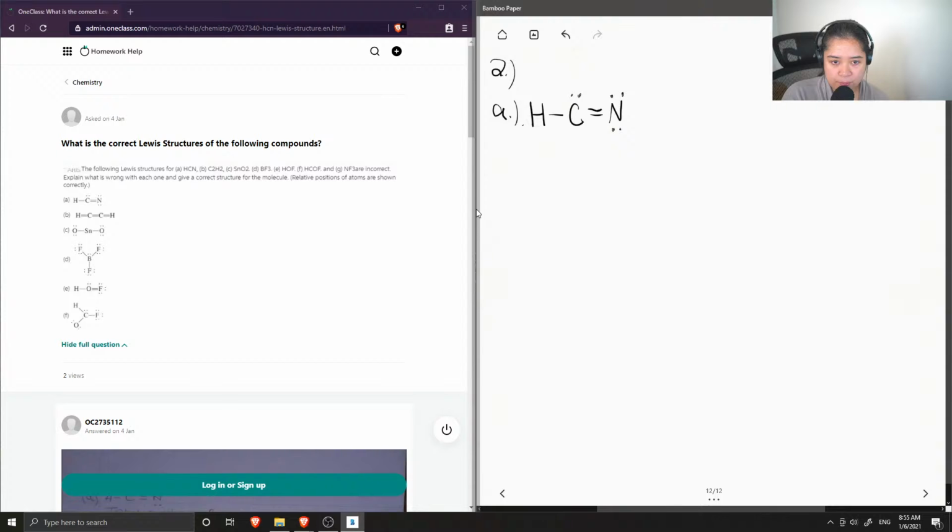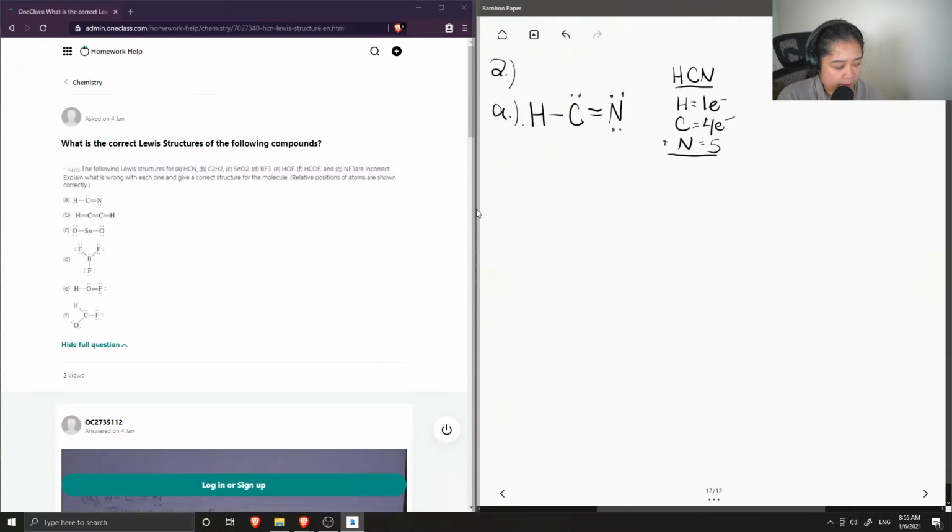So it's supposed to be a molecule of HCN. So let's start off with writing all the total valence electrons in the molecule. So hydrogen has a valence electron of 1, carbon is 4, and nitrogen is 5.